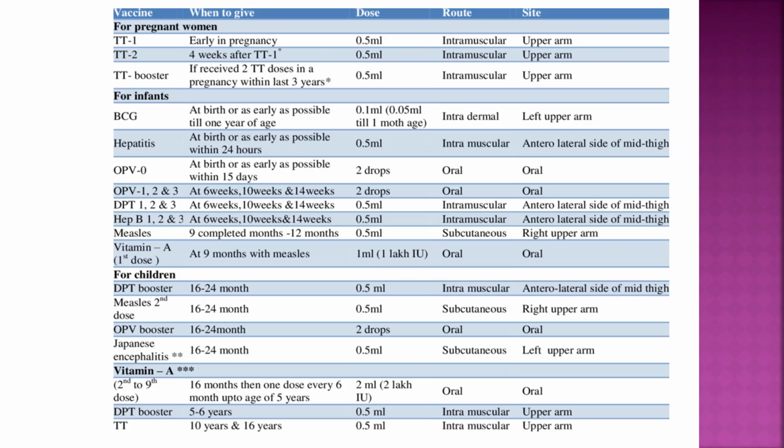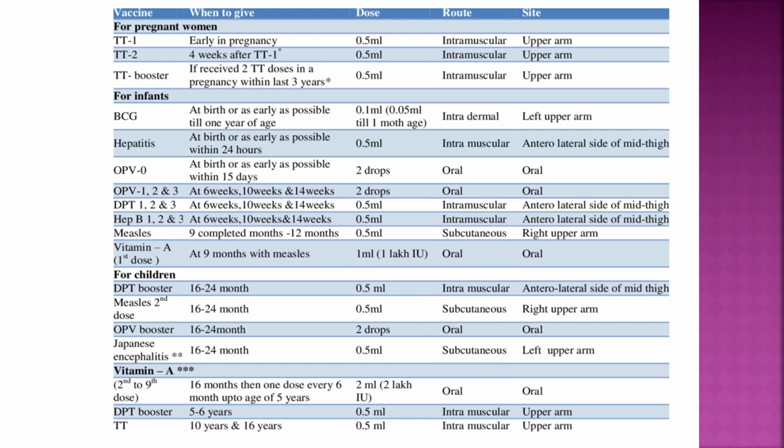At the age of 9 months you have to give MMR, that is mumps, measles and rubella. You can give vitamin A at the age of 9 months, and then a vitamin A booster dose at the age of 16 months, DPT booster at 5 years, and TT at the age of 10 years.